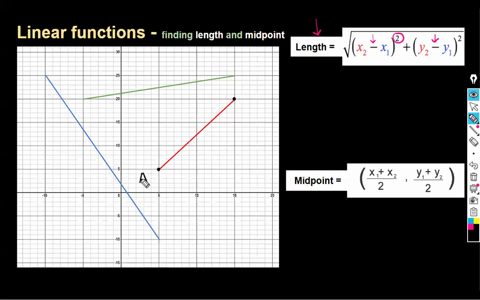Point A is (5, 5). Point B, the end of the line, is (15, 20). You just draw a slanted line upwards, call the beginning of the line (5, 5) and the end of the line B (15, 20). And we're going to find the length of that red line.